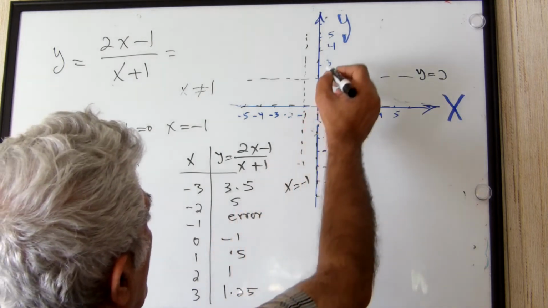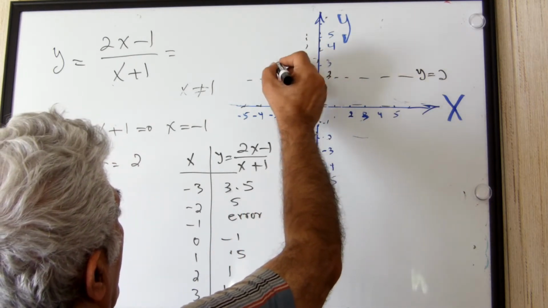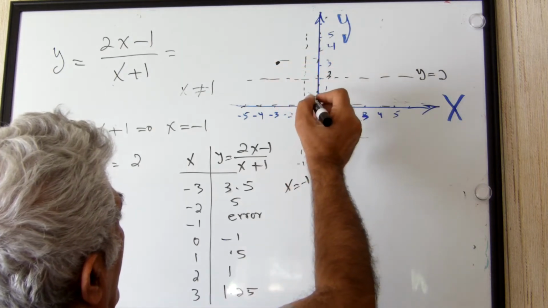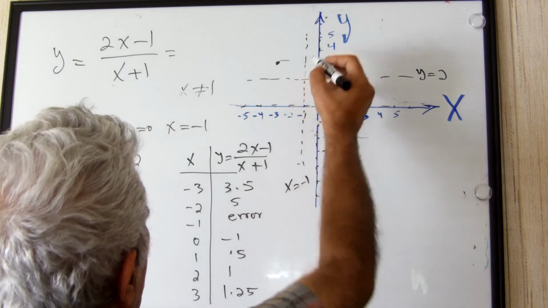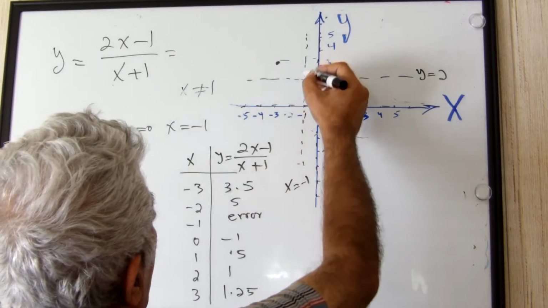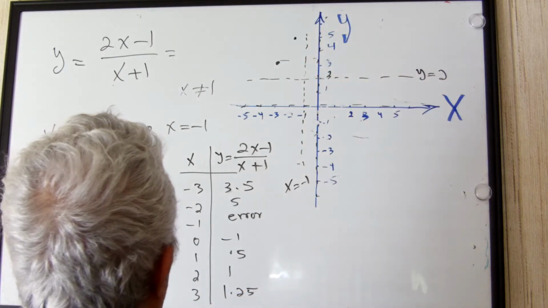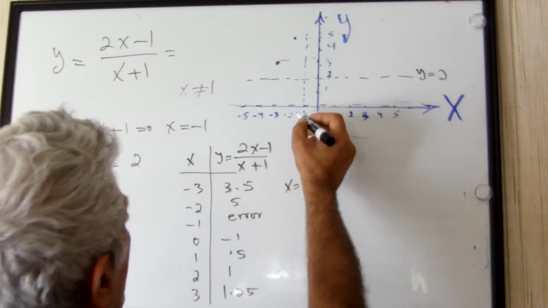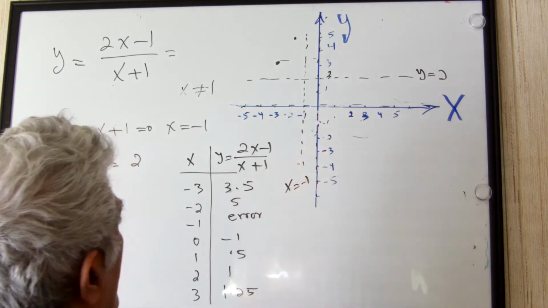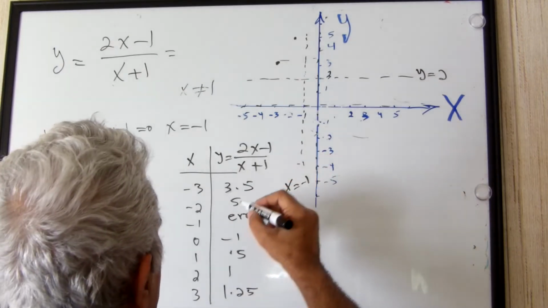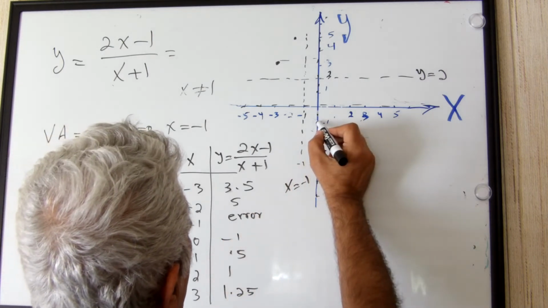-3 is going to be 3.5. It's going to be somewhere here. And then -2 is going to be 5, somewhere here. -1 is going to give an error. 0 is going to be -1, so it is going to be here.